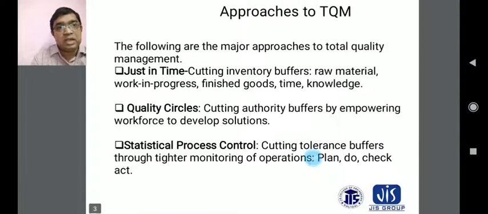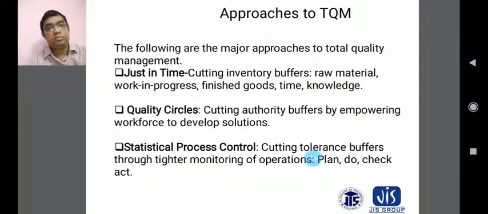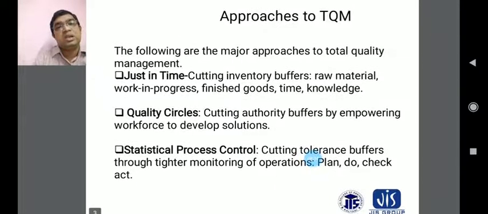And another thing, statistical process control. What is statistical process control? It is concerned with cutting tolerance buffers, because precision making is much more essential when you have to supply products. Products must have a precise shape and size, otherwise they cannot survive in our environment.